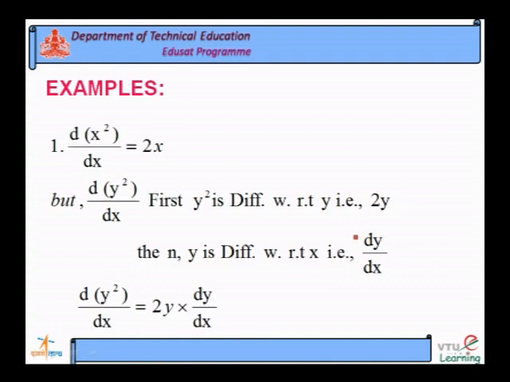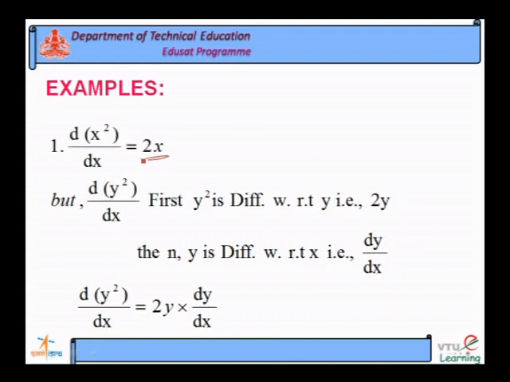As we know, differentiation of x square is 2x. If we have y square, or any y term, it is to be differentiated similar to the x term, then we have to write d by dx of y, that is the only difference.